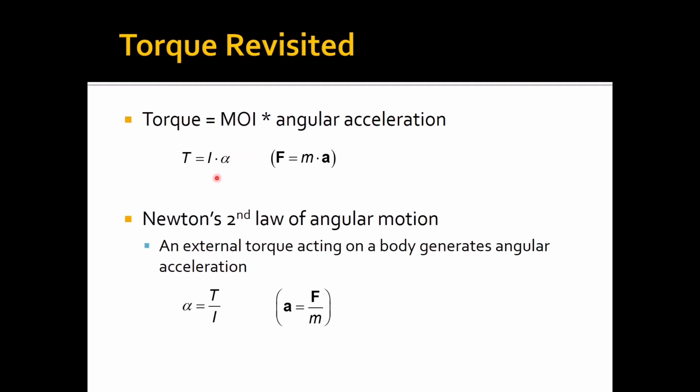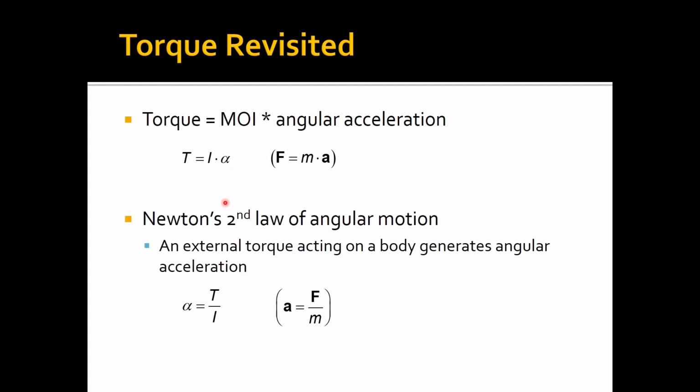Again, there are two ways of calculating torque: force times moment arm, and moment of inertia times angular acceleration. But these two ways will give us the same answer, so you don't have to worry about which one should be used.